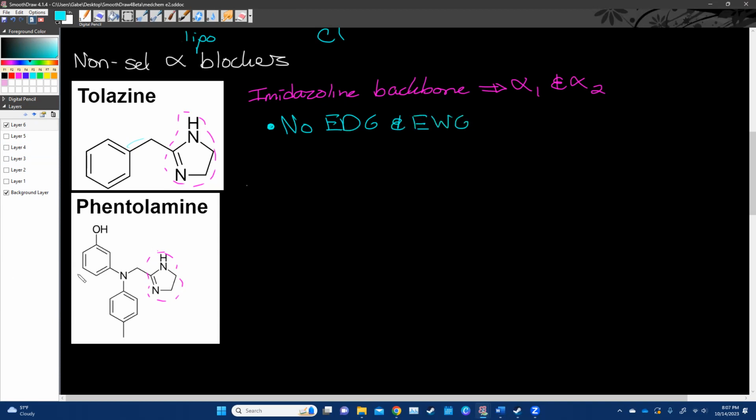When you look at phentolamine, how about on this benzene ring? Is this donating? Yes, because you need to have this initial connection. So we have an EDG down here, and we have a withdrawing group here. And so they end up balancing each other out, so that you end up having neither. And this is what provides the antagonist activity.